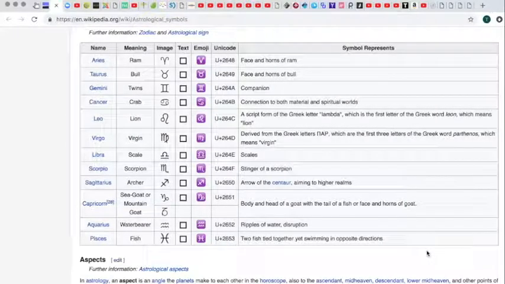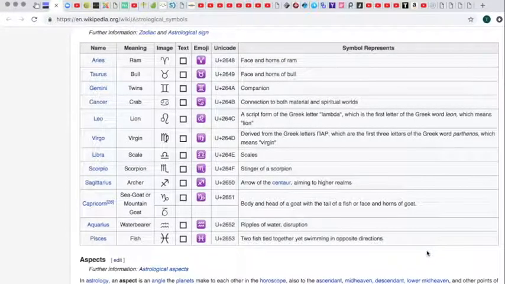So right up at the very top, it says Aries, the meaning is the ram, the symbol is the ram. The image, that's the astrological symbol. And they list emojis. So it's important to get to know the symbol, because they get stylized a little bit.